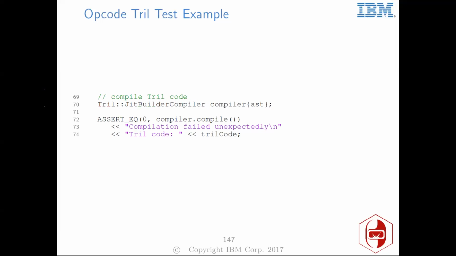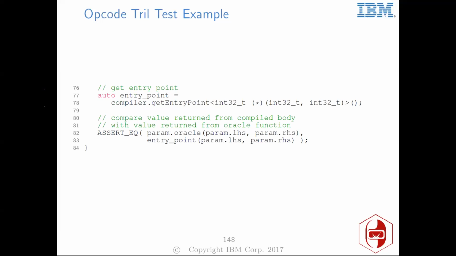Next, we again compile the code, again outputting the Tril code if things go wrong. And at the very end of our test, we grab the entry point, expecting it to be a pointer to a function that takes two 32-bit integer arguments and returns one 32-bit integer.